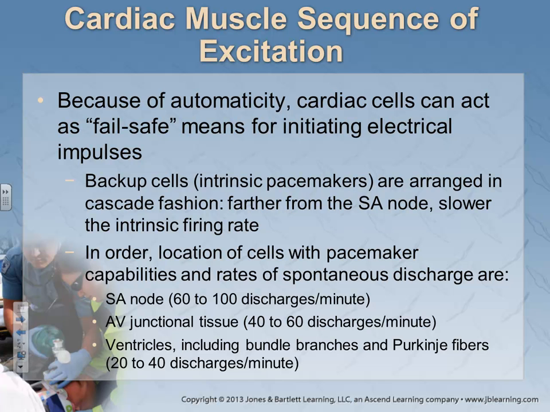But what's the problem? If we've got a heart and the SA node gets sad and it doesn't work anymore, and we've got these ectopic foci here that start picking up, what's the problem with it just creating an impulse that's going down this way?